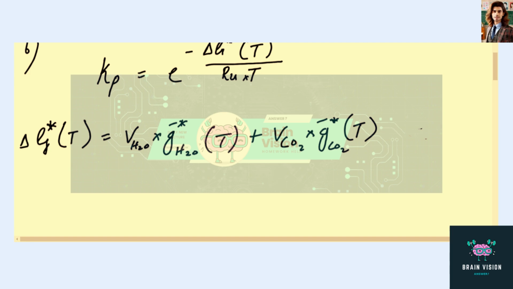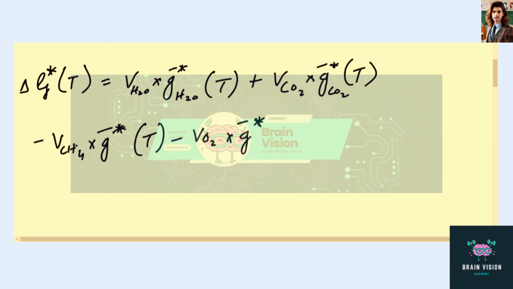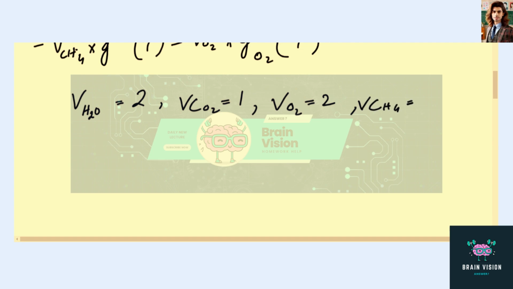minus VCH4 into G bar asterisk CH4 of T minus VO2 into G bar asterisk O2 of T, and also VH2O is equal to 2, VCO2 is equal to 1, VO2 is equal to 2, VCH4 is equal to 1.